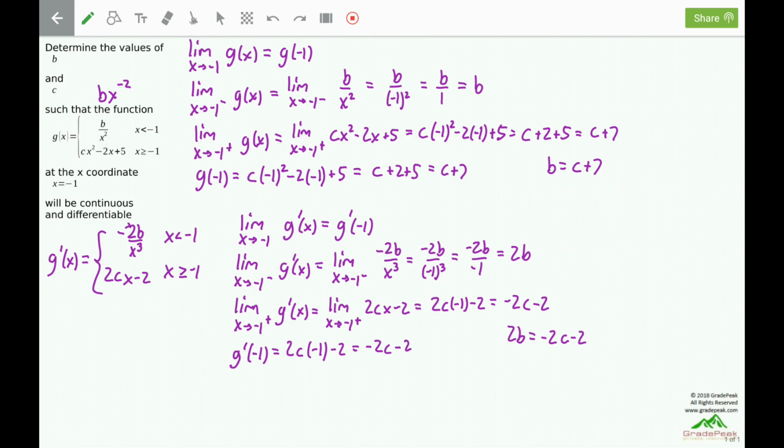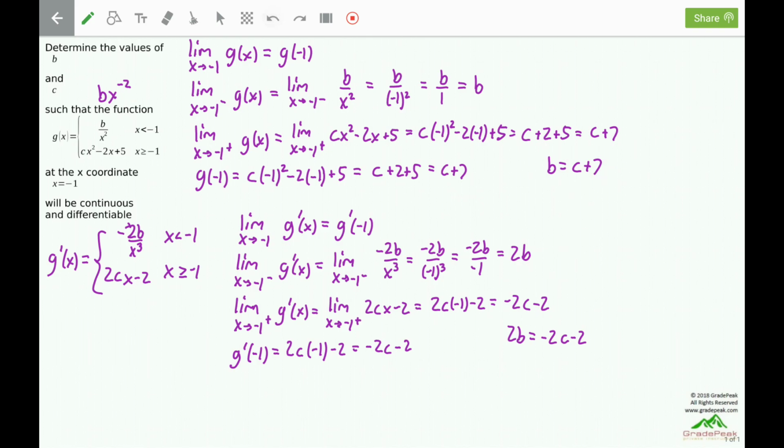And we now have two equations with b and c in them. We have to simultaneously solve these. The easiest thing to do is to take the first one, result for b, and plug it in down here for b.